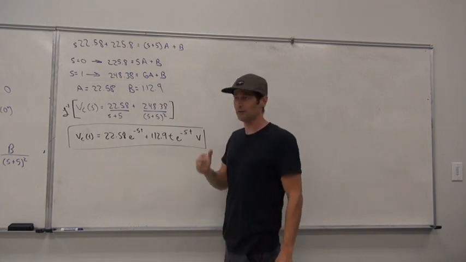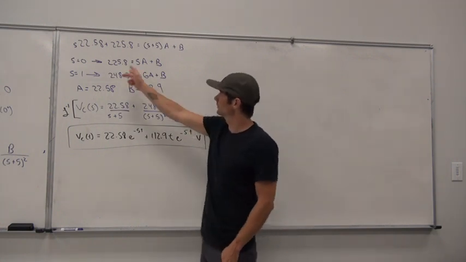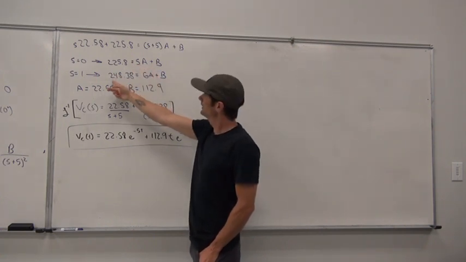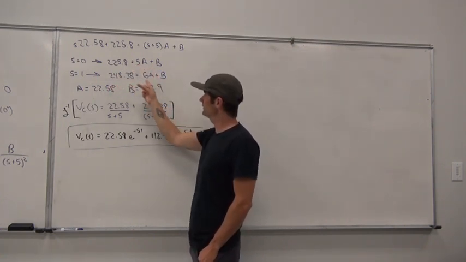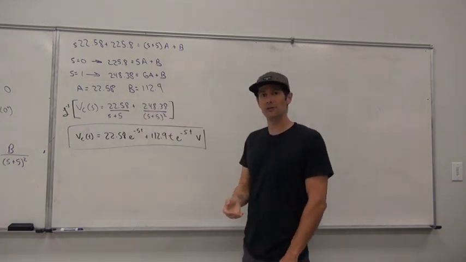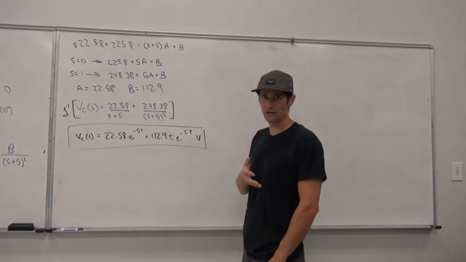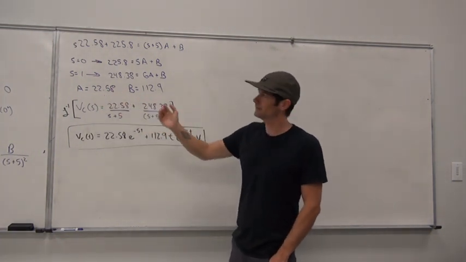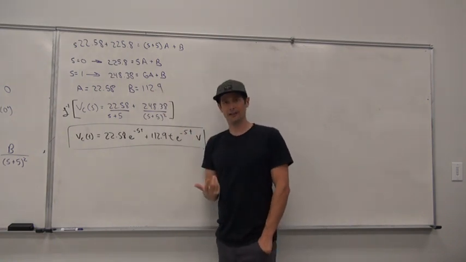Remember, I don't care how you do this as long as it's right. We get two equations: 225.8 is equal to 5A plus B, and 248.38 is equal to 6A plus B. We put that into our matrix and get it into its reduced echelon form. Then we get A equal to 22.58 and B equal to 112.9.